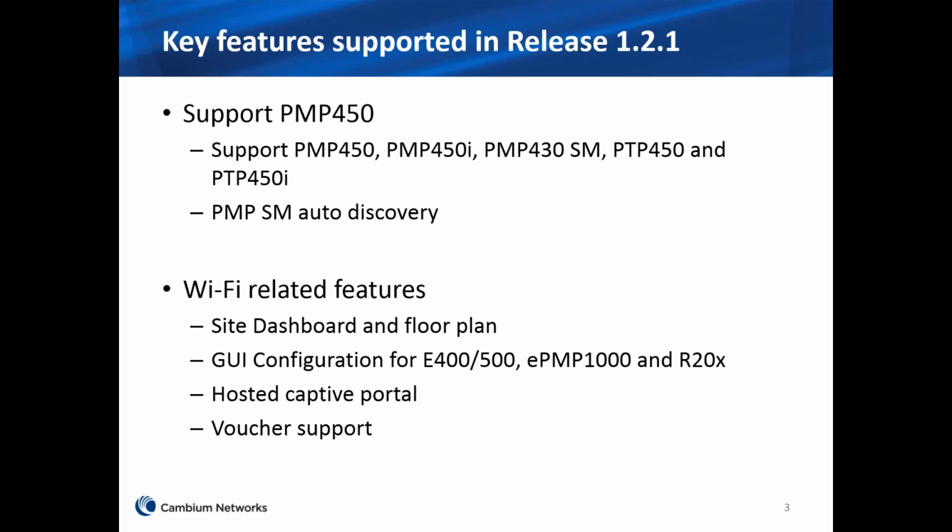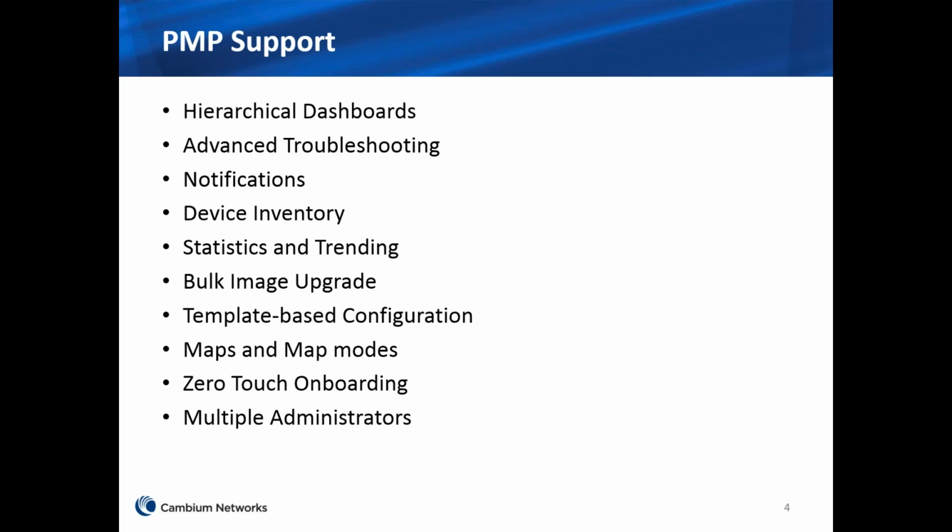Then all devices will be onboarded. So this significantly simplifies the onboarding process, and as long as you have the AP there, all the SMs will be auto-discovered. That's a great feature, I think, for many customers. It's an easy one. So let's take a look at PMP.